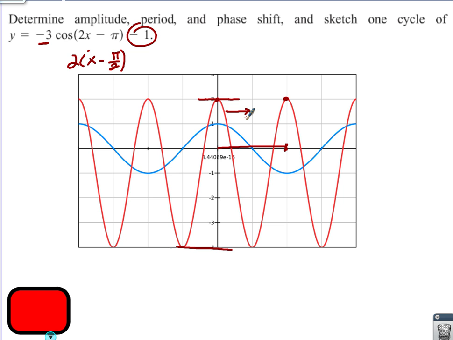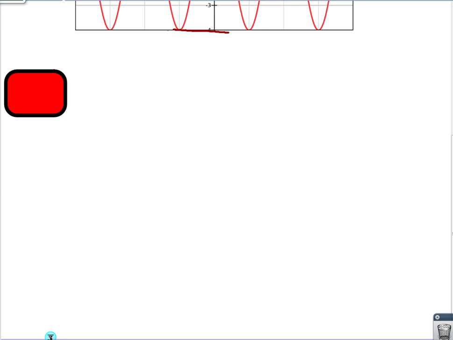Now what about this? What if this graph was moved over 2 pi? What if you tacked on like a plus 2 pi or minus 2 pi? Same graph. Because if you move it over to the right 2 pi or you move it over to the left 2 pi, does it not just kind of fall back into sync? Now I'm getting off on a tangent here, but we're doing sines and cosines.